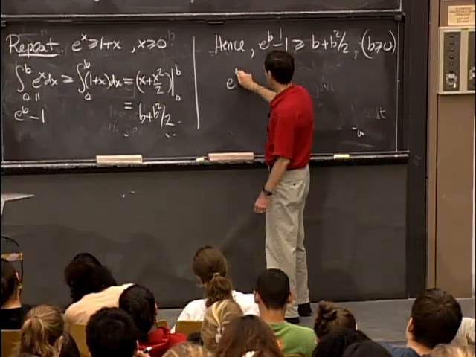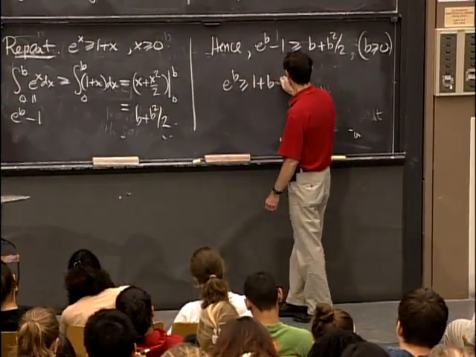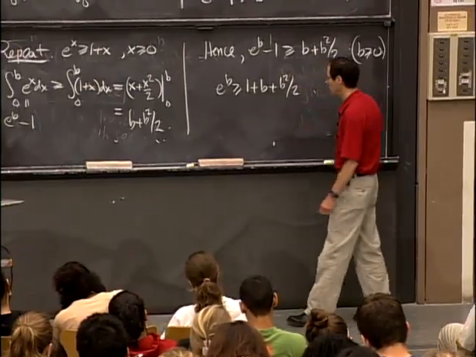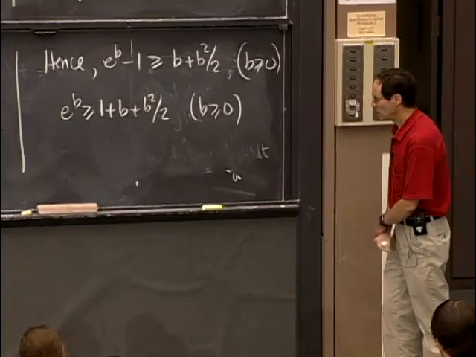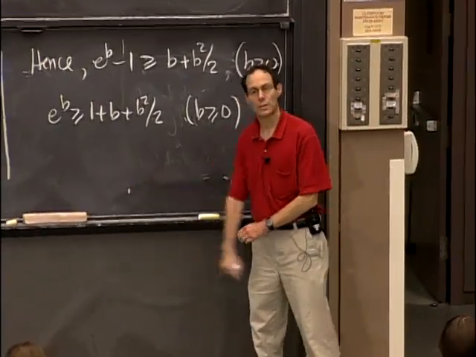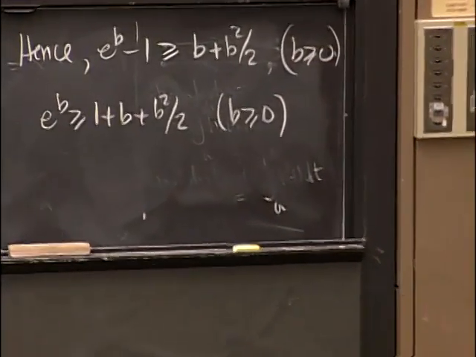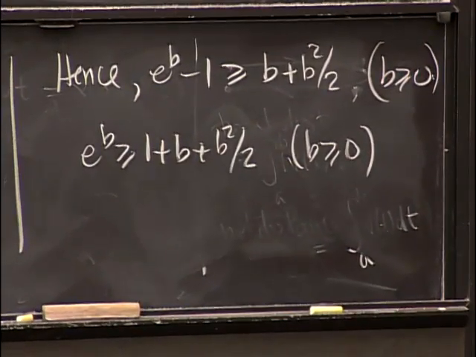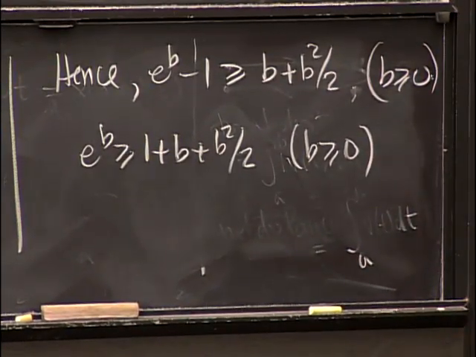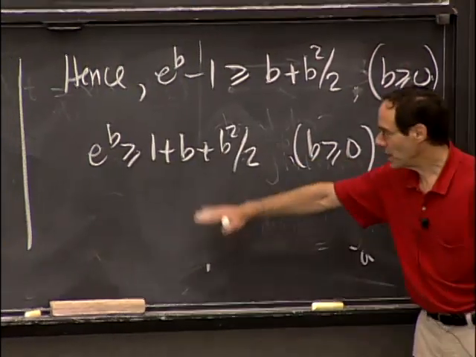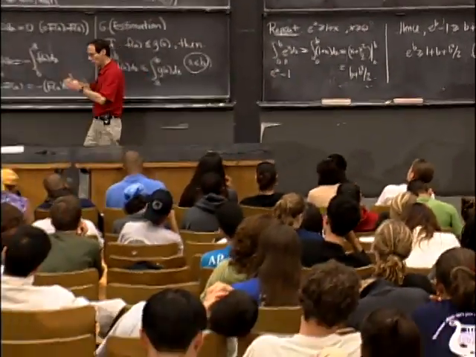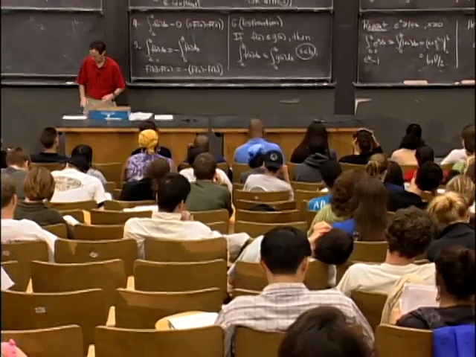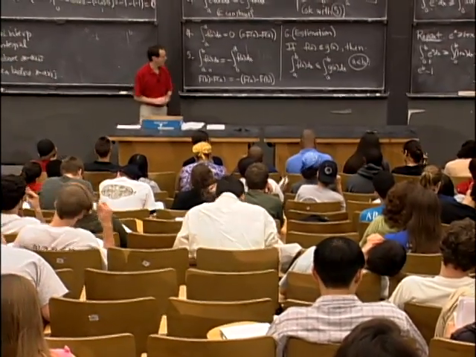And that's the same thing as e to the b greater than or equal to 1 plus b plus b squared over 2. This one actually is false for b negative, so that's something that you have to be careful with, the b positives here. All right, so you can keep on going with this, and you didn't have to think, and you'll produce a very interesting polynomial, which is a good approximation to e to the b.